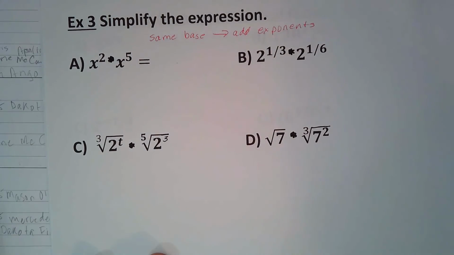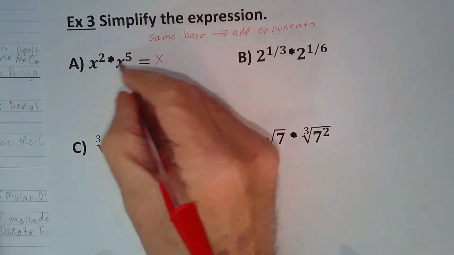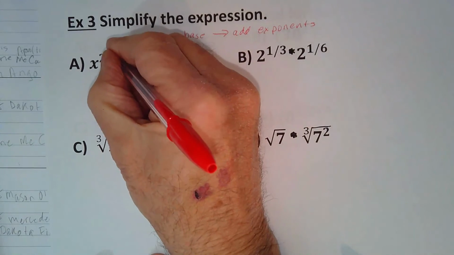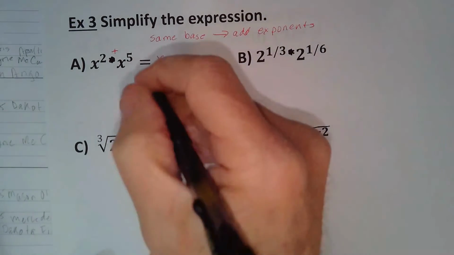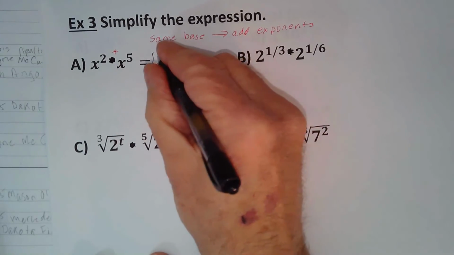All right, so that means I've got base of x here, and I'm going to add together the exponents, so 2 plus 5 is 7. And I got x to the 7.